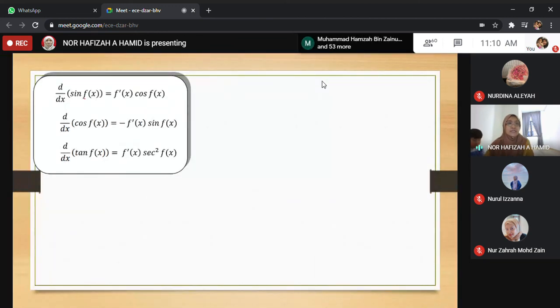So we have the function sin of something. You can refer to the first formula, for example, the function I give is y equal to sin x square. Previously we used sin x, now I change into sin x square. So when you want to differentiate dy over dx, you can refer back to the basic formula.